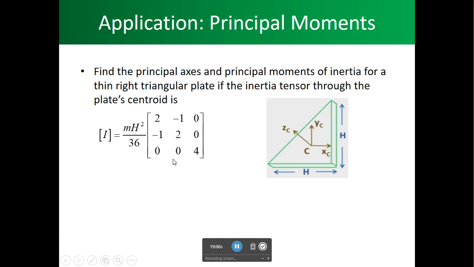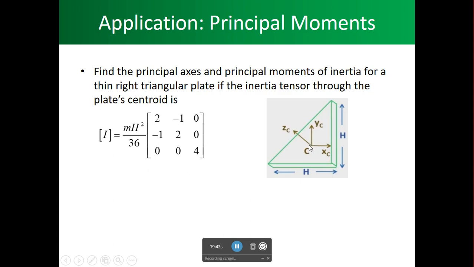Find the principal axes and principal moments of inertia for a thin right triangular plate, if the inertia tensor through the plate centroid is, this is what the centroid is.